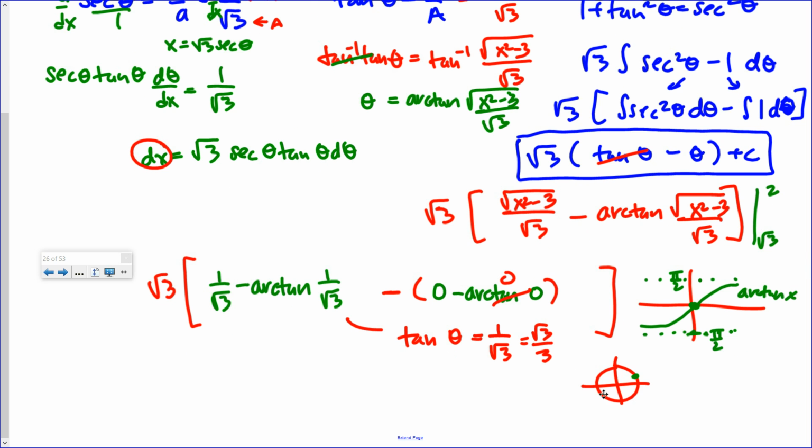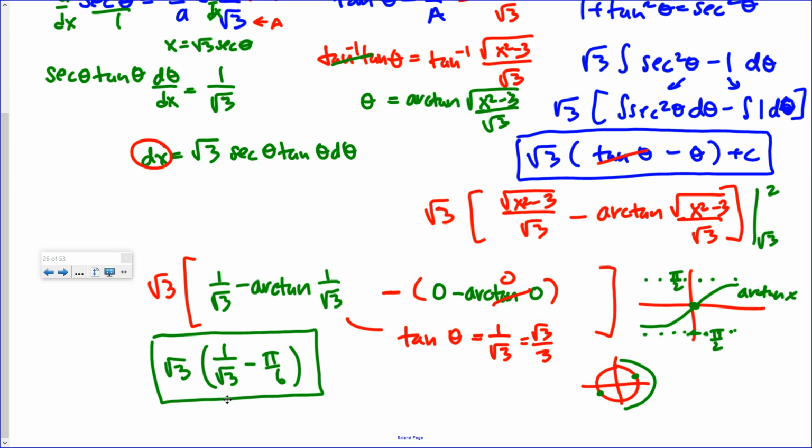Right here and right here. And arctangent is on this side of the curve, so this here is pi over 6. That's the angle. This answer is an angle. So the answer is 1 over square root of 3 minus pi over 6, all times the square root of 3. And that is a great answer. It's also the right answer.